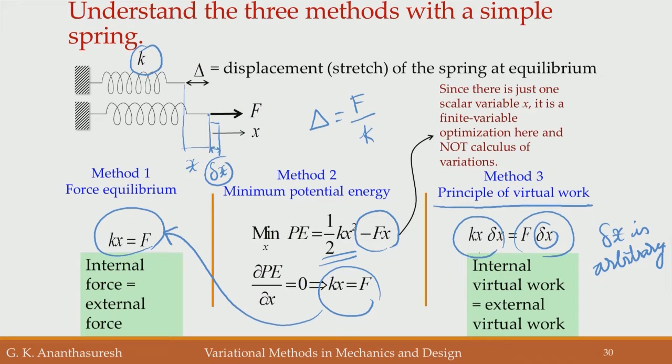That gives you again k x equal to f, because if it is arbitrary then k x must equal f. So, the three methods give you the same equation which you can use to solve. Method 1 force and moment balance, method 2 minimum potential energy, method 3 the principle of virtual work.